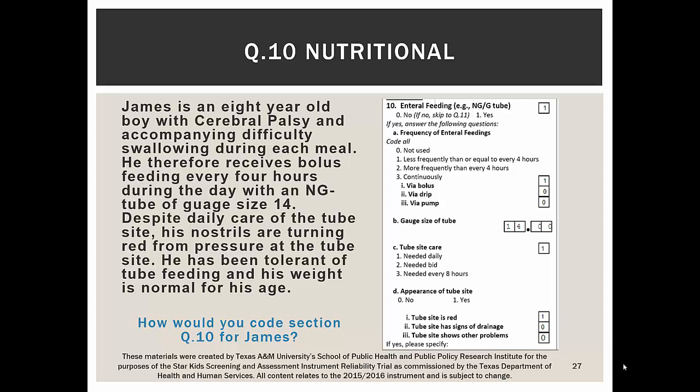We'll code 10B, gauge size of the tube, as 14. 10C, tube site care as 1, needed daily. At 10D, appearance of the tube site as 1, tube site is red, we'll code that with 1. 2, tube site has signs of drainage, 0. And 3, tube site shows other problems, we'll code that with a 0.